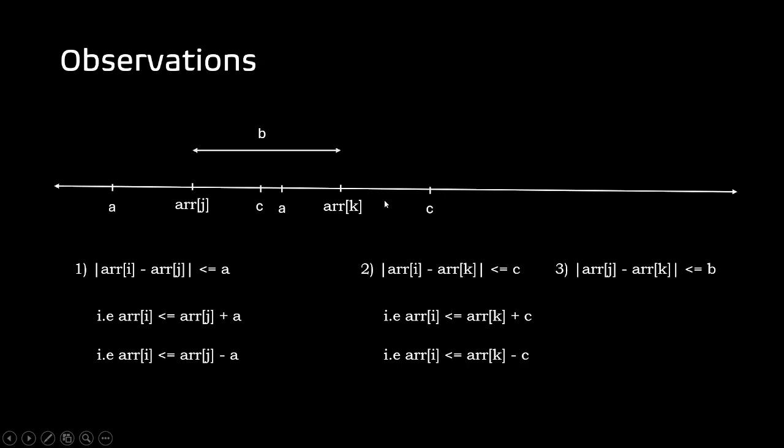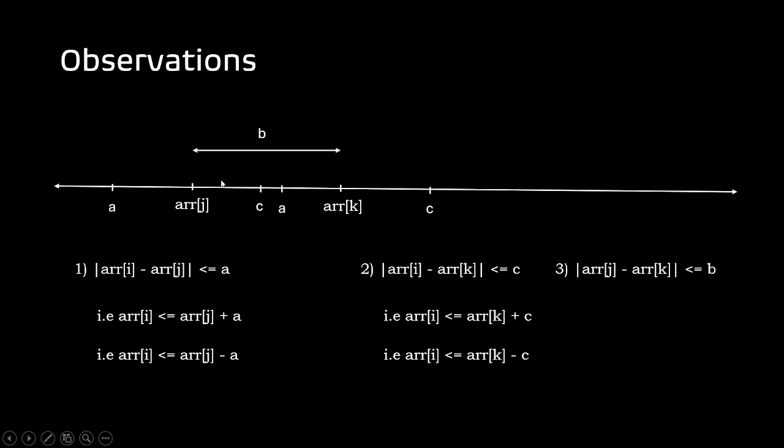Your array I, that number, can lie between this range, but will it satisfy this? Again, it won't. So what we want is this overlapping range. If we have our array I, that number, in this range, only then we can absolutely say that it satisfies all these three conditions.